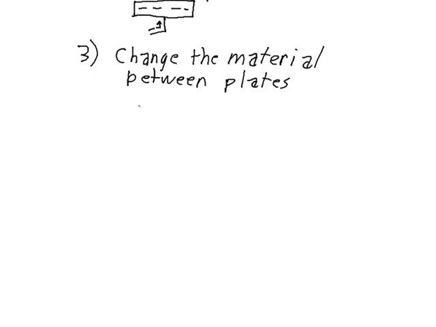So if I change the material between the plates, what I want to do is change the dielectric to increase the dielectric constant, or in other words, the permittivity, and I'll come to a definition of what those are in a second. The basic idea is that between the plates you need some kind of insulator, and that insulator is called the dielectric.